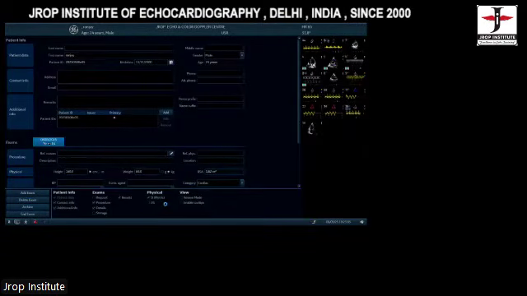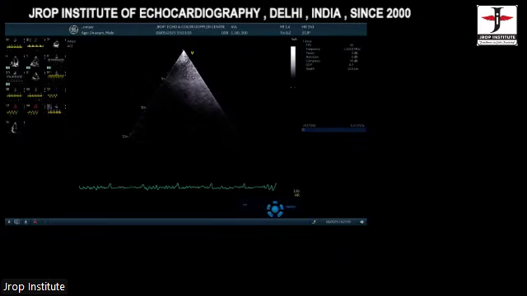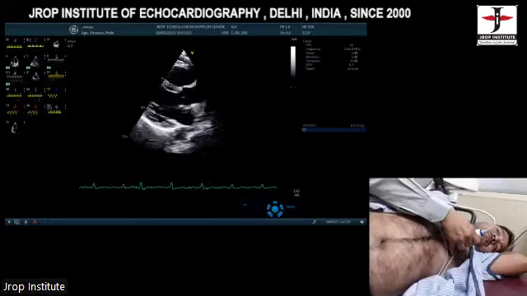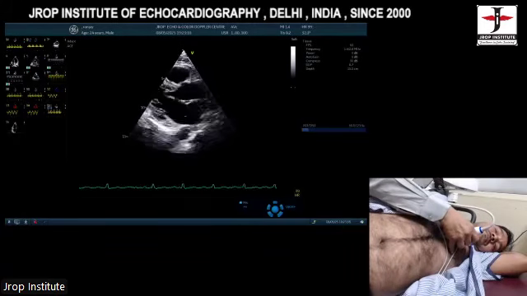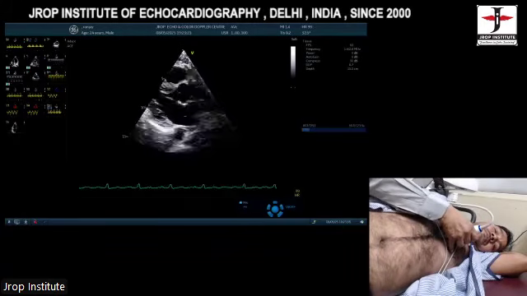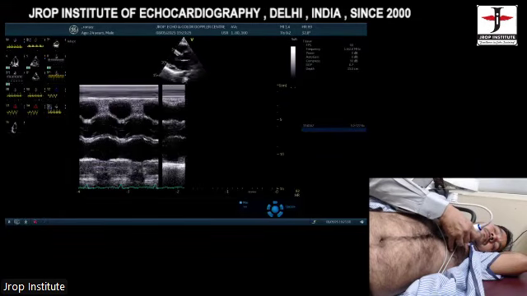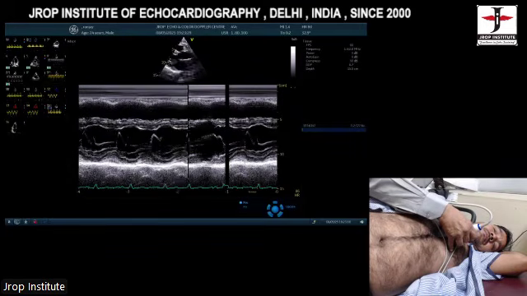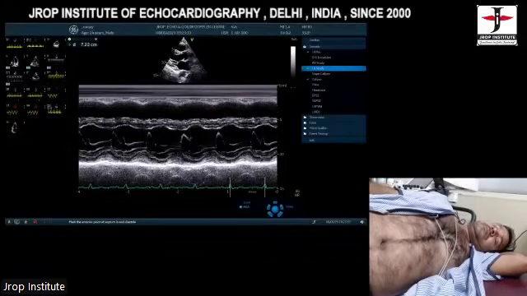Now, let me measure his LA size. This is what I do always in my practice. If I've got good images, I don't spend time calculating two-dimensional measurements. So I'm going to measure his LV.